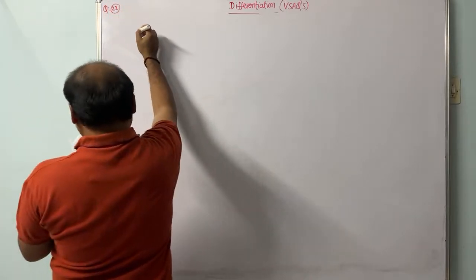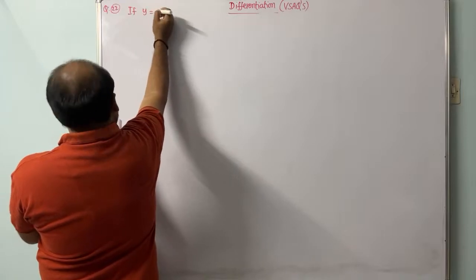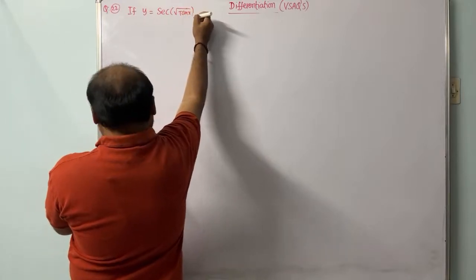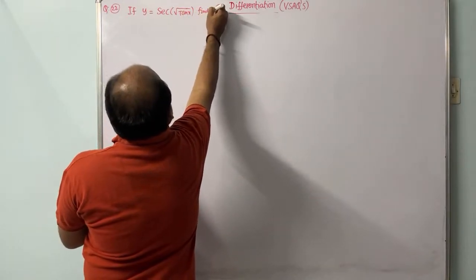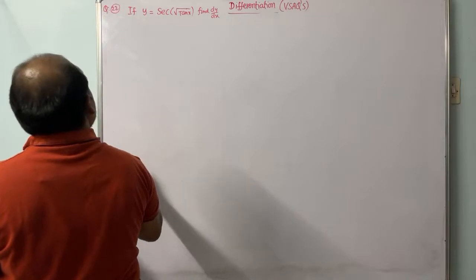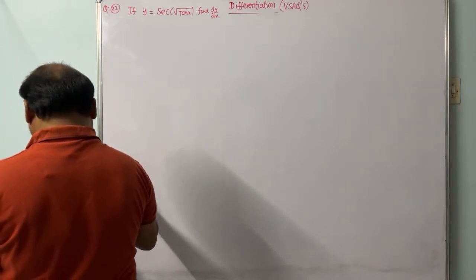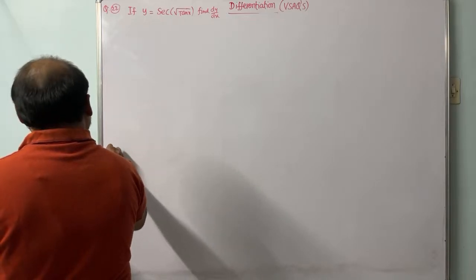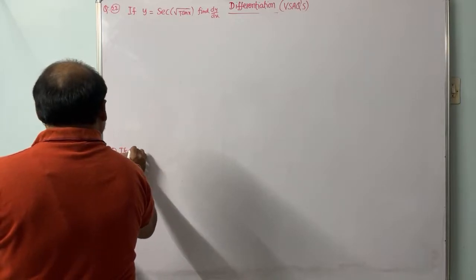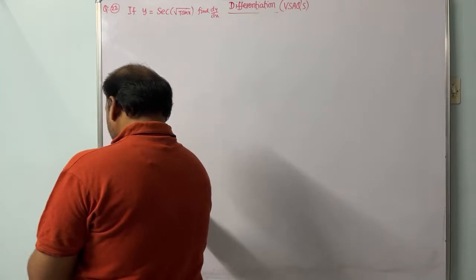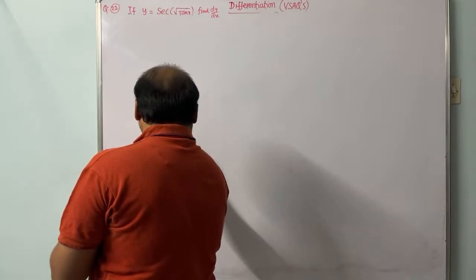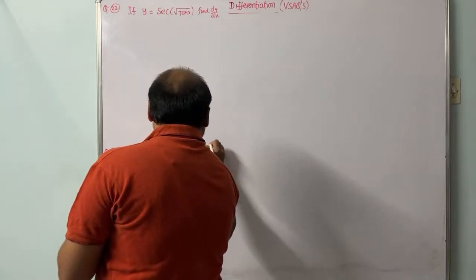Next question number 22. If y equal to secant of root tan x, find dy by dx. Next question number 23. If y equal to log of sine inverse of e power x, then find dy by dx.